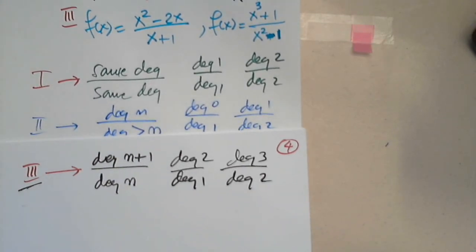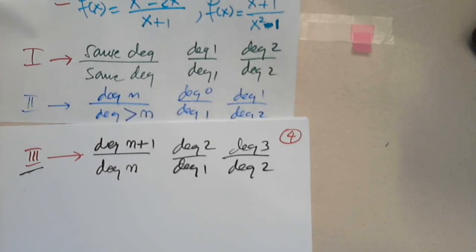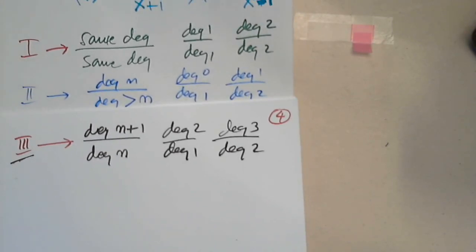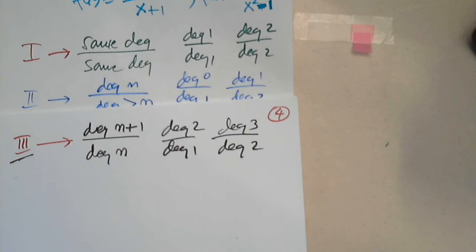Before we choose a problem from each, I will graph it for you, this one, but I will not ask you to graph it on a test or final exam. Okay, so before we choose from 1 and from 2 and then discuss 3, we have to go through the list of items that we need.